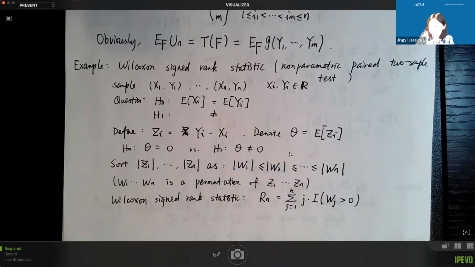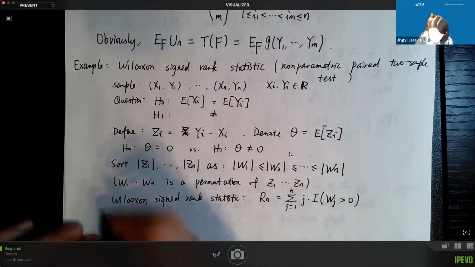That's something we will assume, and that's how we're going to derive the null distribution for this Rn. But for now, we want to show that to derive the null distribution, we can rewrite this Rn as a U statistic, so our later discussion about the asymptotic distribution of U statistics will be applicable.